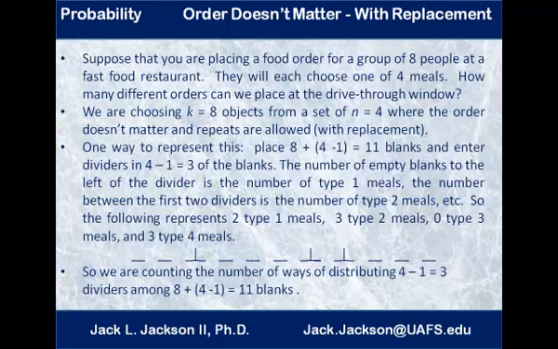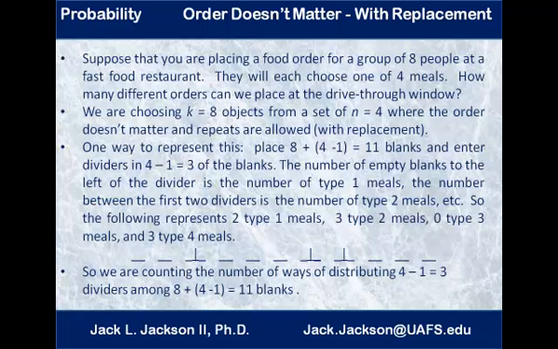And so what we do is we count the number of actual empty blanks to the left of the first divider, and that's how many number 1 meals. And then how many between divider 1 and divider 2 will tell you how many number 2 meals. How many between divider 2 and 3 will tell you number 3 meals, and how many blanks to the right of the last divider will tell you how many number 4 meals.